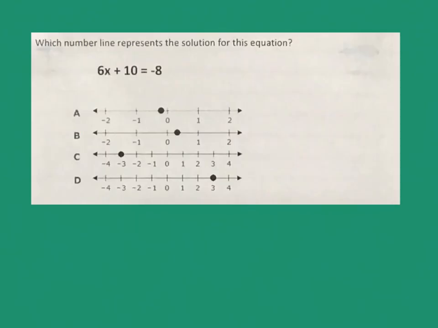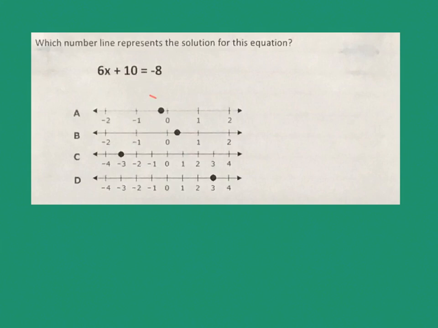So on this one, it says once you know the answer, pick the number line that solves the answer. So what I want to do is say this first one, the dot is at something less than 0, so it's a negative number.